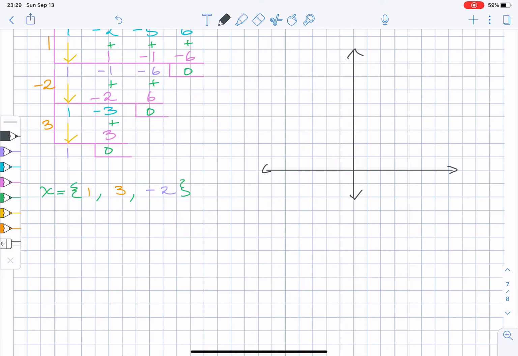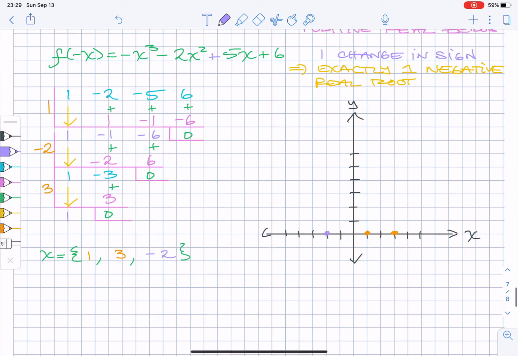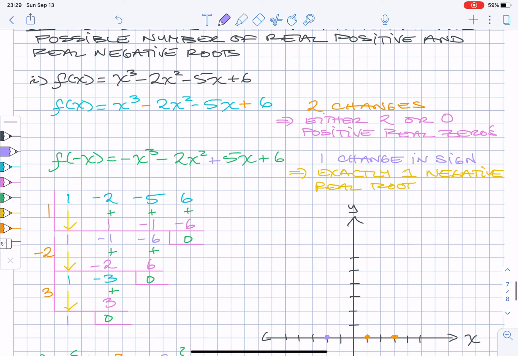Okay, so we have 1, 2, 3, 4, 5. 1, 2, 3, 4, 5, 6. 1, 2, 3, 4, 5. Okay, so my zeros or my intercepts are at 1, 3, negative 2. Those are my x-intercepts, and my y-intercept is at 6 when x is 0.